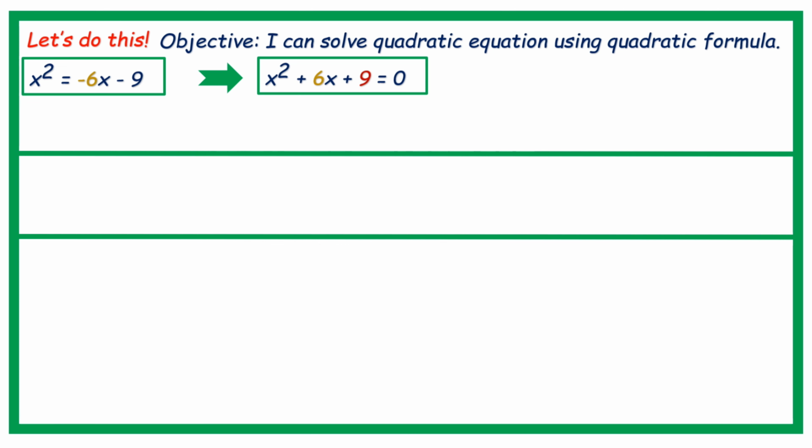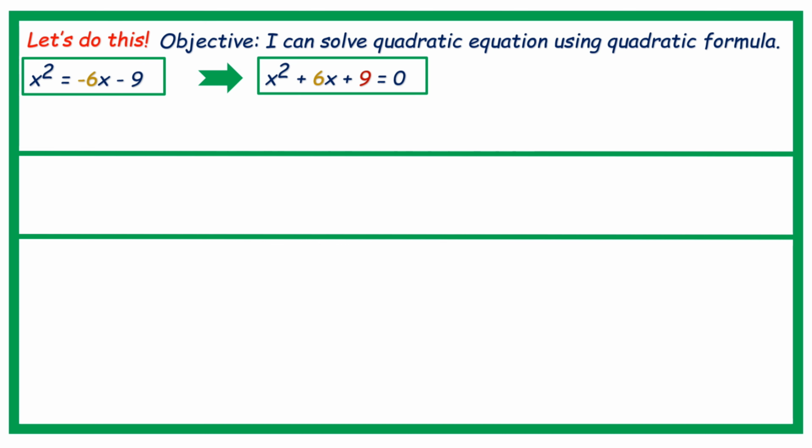Don't be confused. And the negative 9 jumps to the left side, it becomes positive 9. Then we just simply write equals 0. So x squared equals negative 6x minus 9 will become x squared plus 6x plus 9 equals 0.